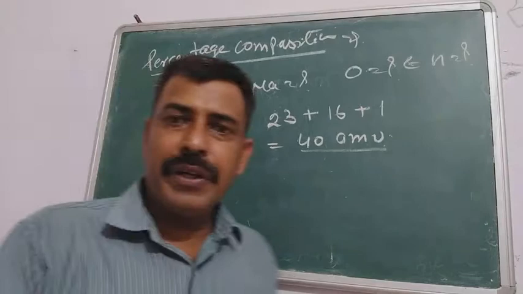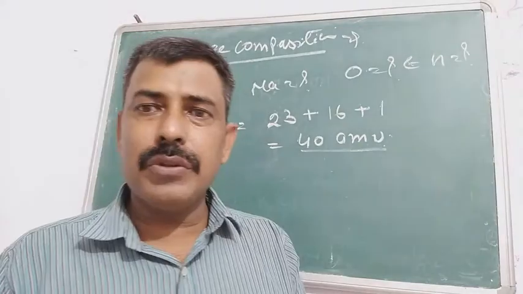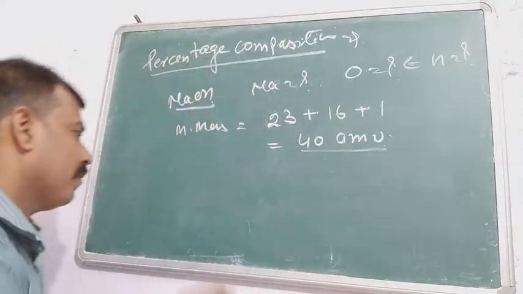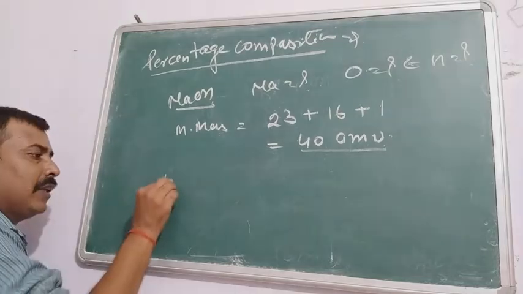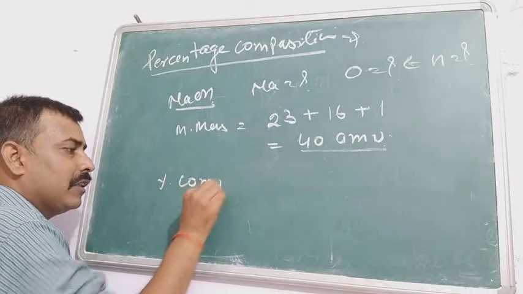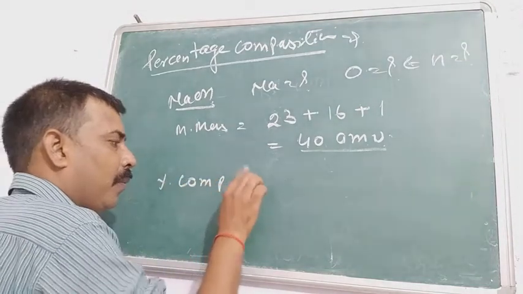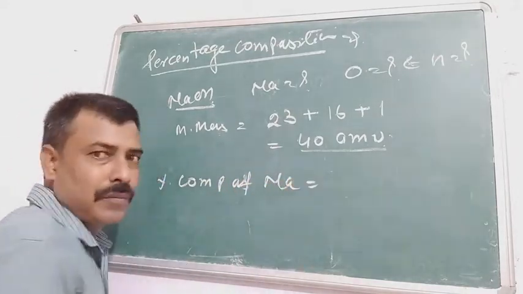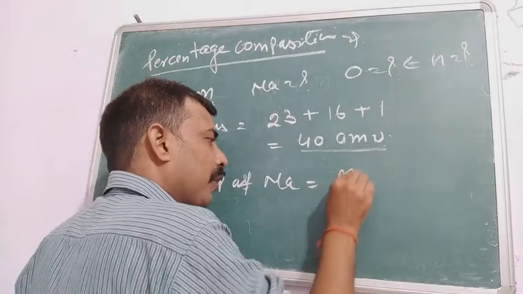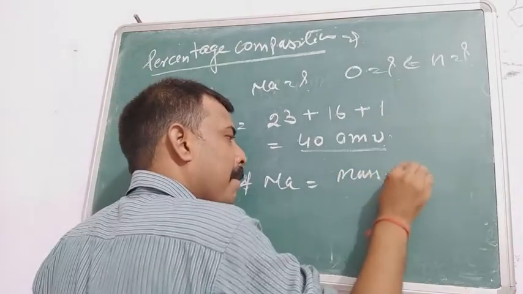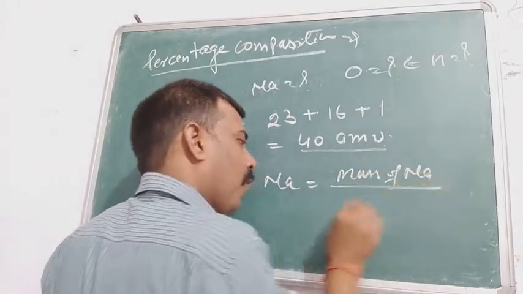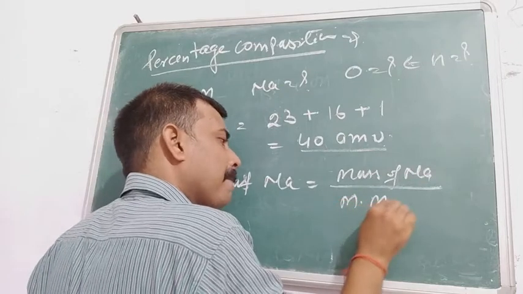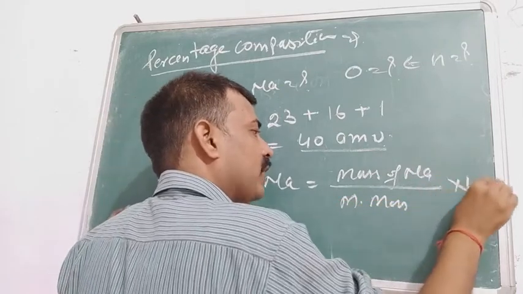Now when you try to find the percentage composition of sodium, it will be percentage composition of sodium equal to mass of sodium upon molecular mass into 100.